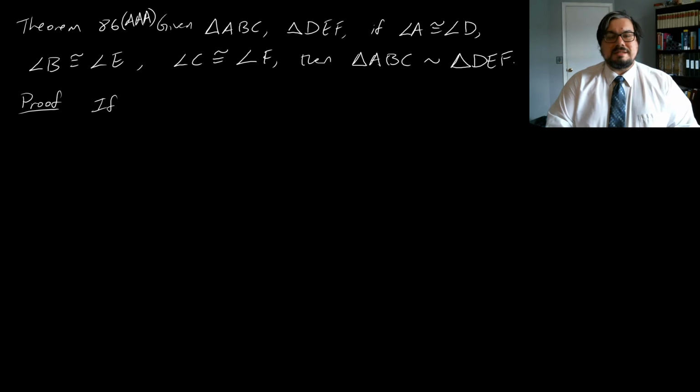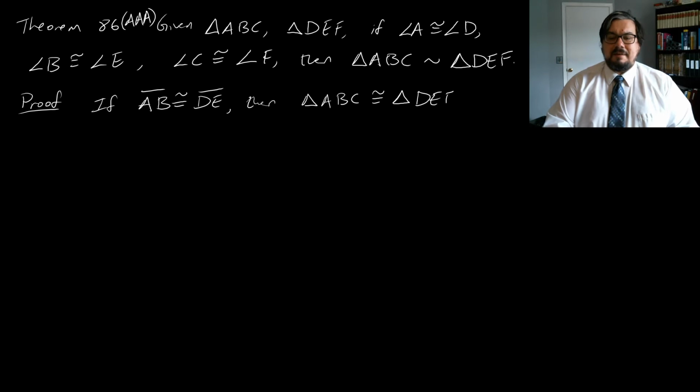First of all, notice that if a pair of corresponding segments were congruent, if segment AB were congruent to segment DE, then that means that triangle ABC is congruent to triangle DEF by angle side angle.